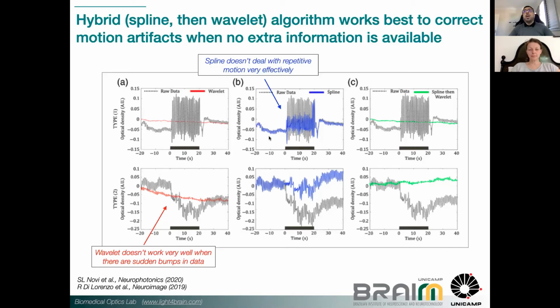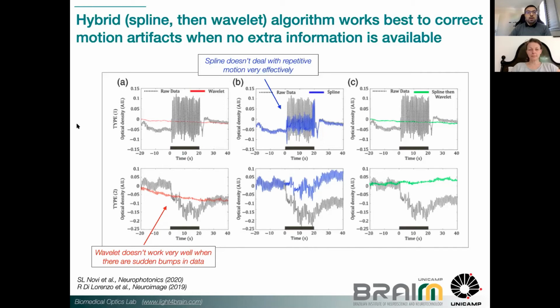So what we realized is that if we combine them, with spline first and then wavelet, in this order, otherwise you may introduce artifacts instead of correcting them, it actually works best to correct motion artifacts.